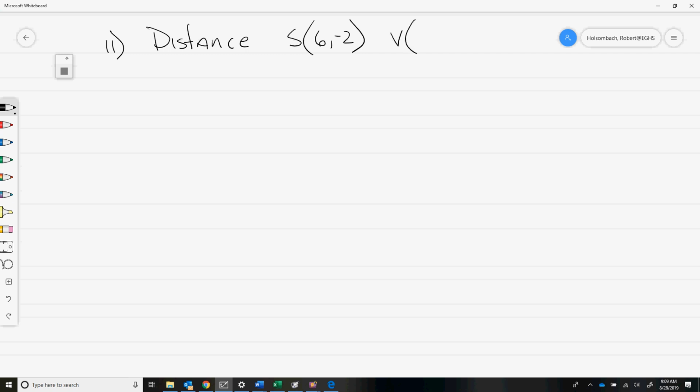So the distance between those 2 points is equal to the square root of, I forgot to label them, so we're going to label them. We got our x1 and y1, x2 and y2. So our distance is equal to the square root of x sub 2 minus x sub 1. Negative 5 minus 6 squared plus our y sub 2 minus our y sub 1. 4 minus negative 2 squared.